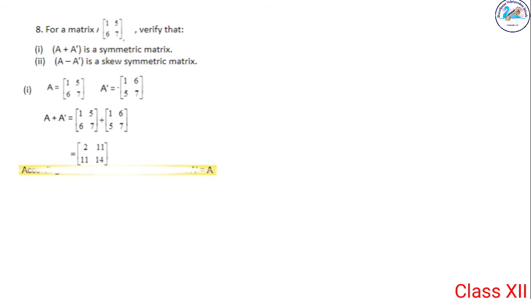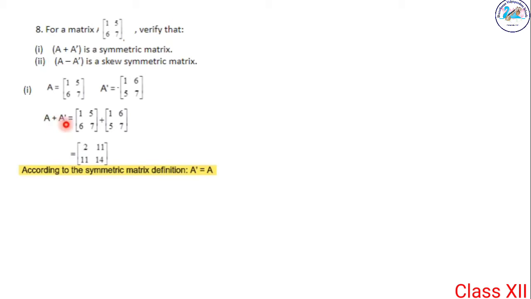Just let us recall the condition for symmetric matrix, that is A transpose is equal to A. Let us take here, instead of a single matrix, here A plus A transpose is there. Of course it is a single matrix, but calculation part, when you check, it is A plus A transpose.